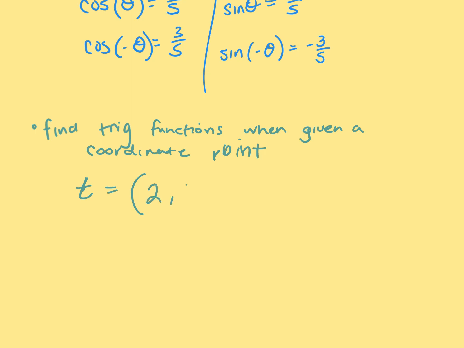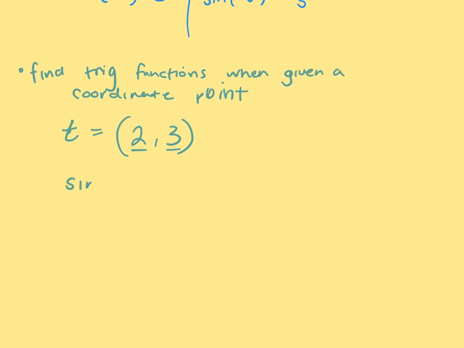Let's just say this is 2, 3. We'll make it nice and easy for now, but you'll see it's a little bit different on your quiz. So if I have those two measurements, here's my x and here's my y, and I wanted to find the sine, the cosine, the tangent, the cosecant, the secant, and the cotangent.